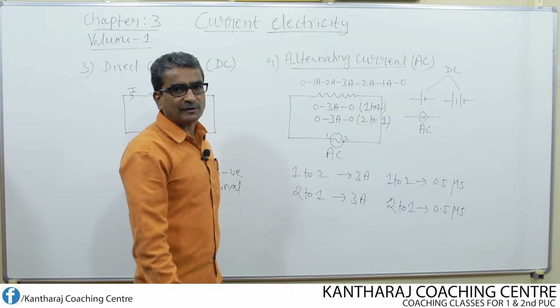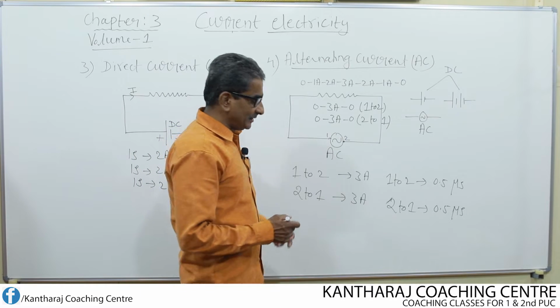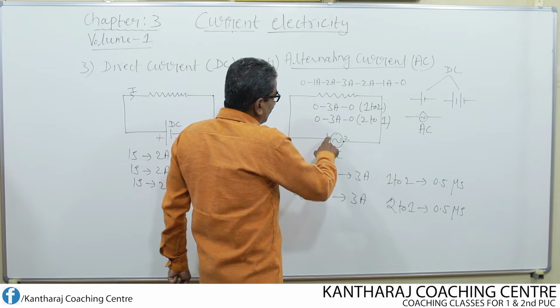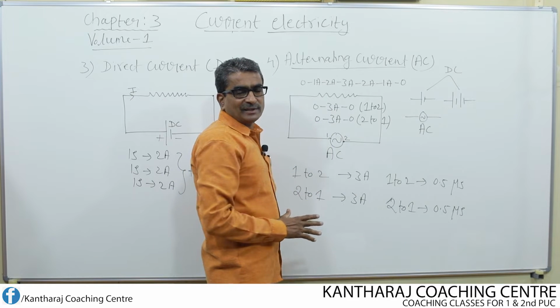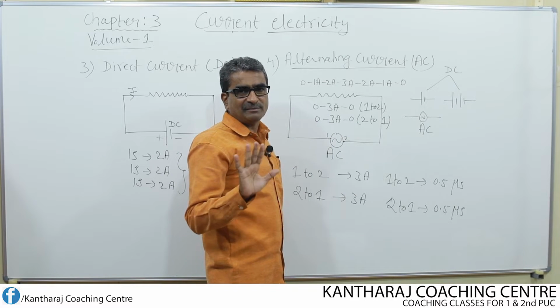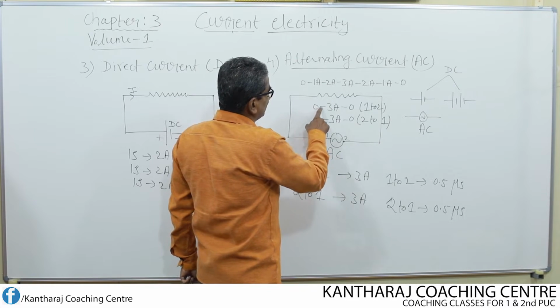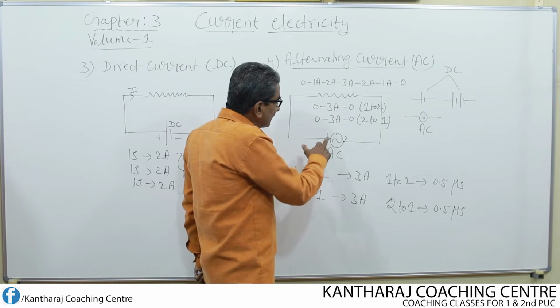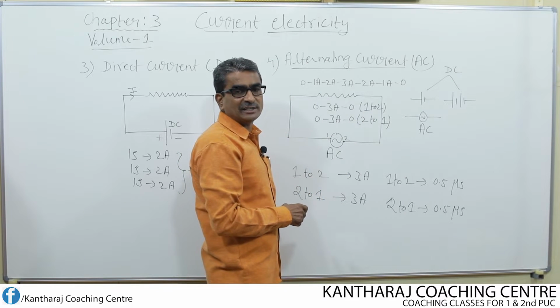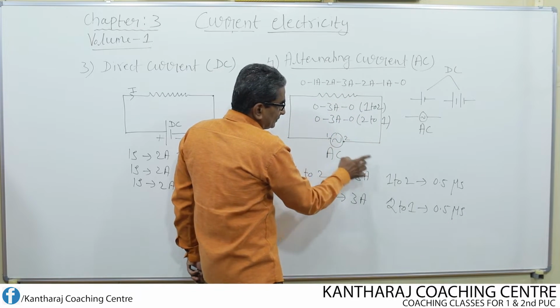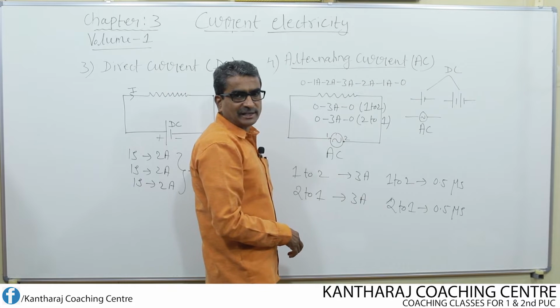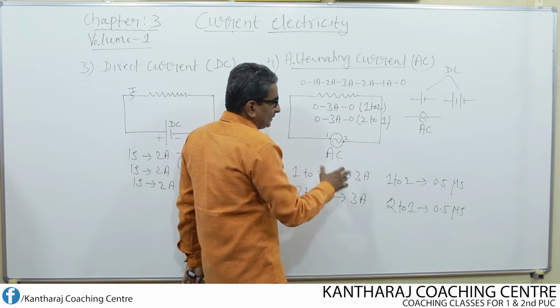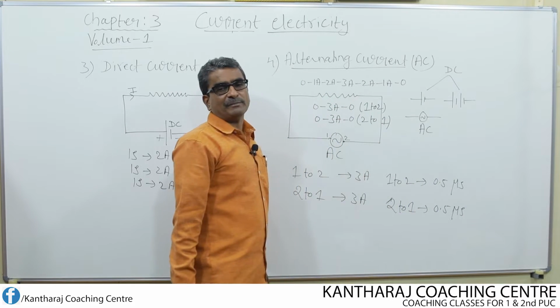Micro means 10 to the power of minus 6. That means what is happening in this? The magnitude of the current is not remaining the same. It is varying from 0 to maximum, maximum to 0. Also, the direction of the current is changing. It is from 1 to 2 for 0.5 microsecond and 2 to 1 for another 0.5 microsecond.